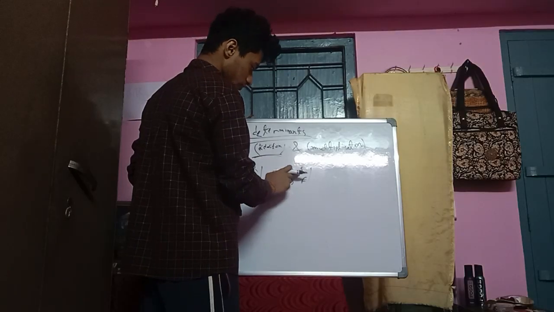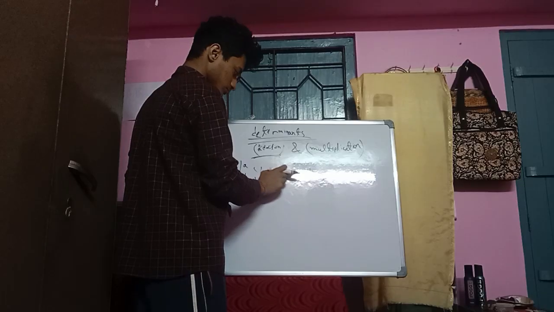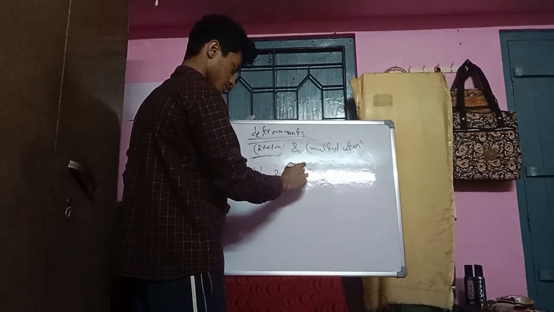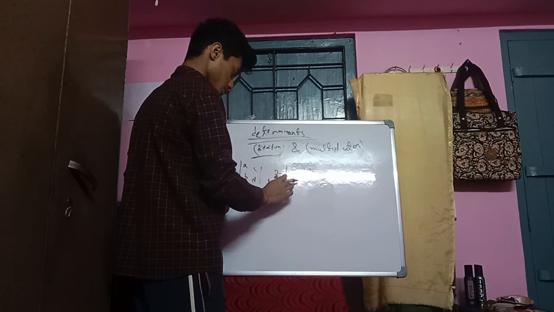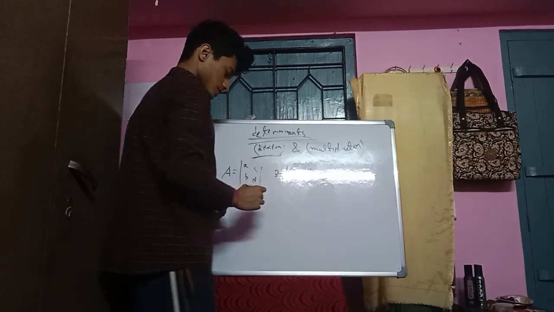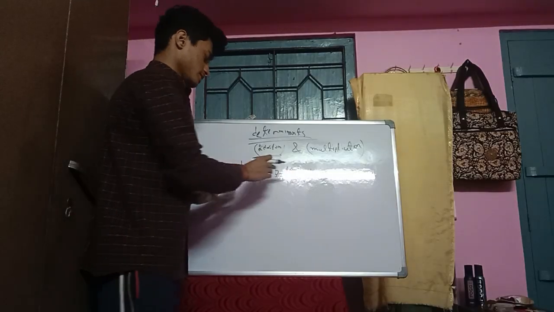Another way it would be possible is if the second row was common. Let's say in both the determinants, the second row consisted of C and D. The first row differed, so let's say E and F. This way too, you'll be able to find out the sum of these two determinants.